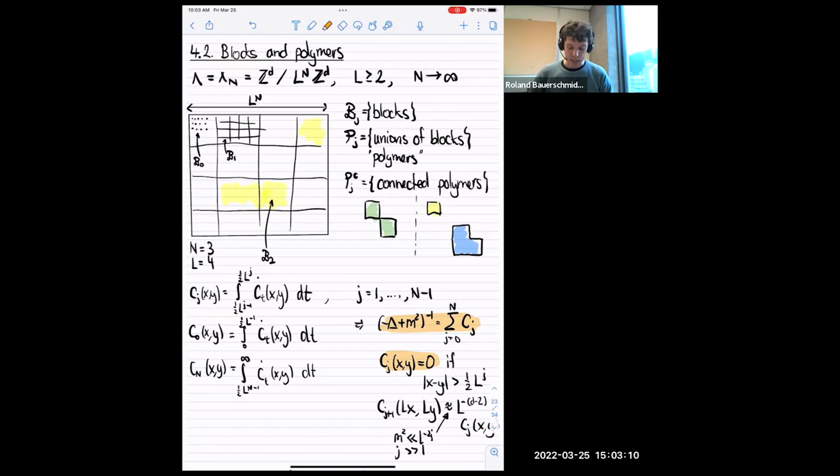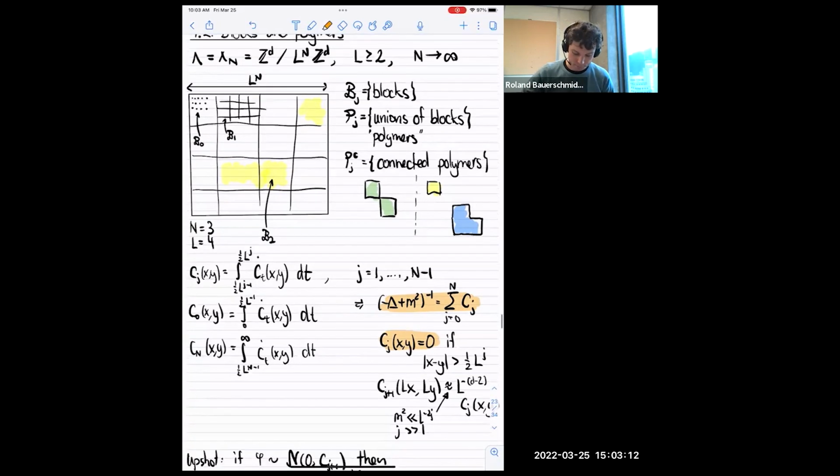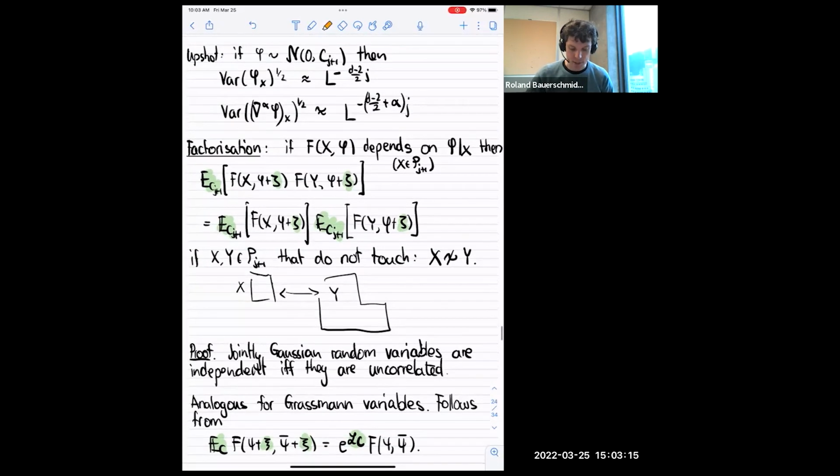And the finite range property gave this very nice and convenient factorization property for the Gaussian field, which means that functionals supported in two sets x and y, and these sets x and y are unions of blocks of the corresponding scales, which we call polymers, so polymers are just unions of blocks, that for polymers that do not touch, these expectations factorize.